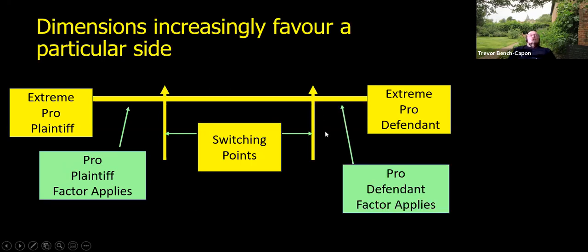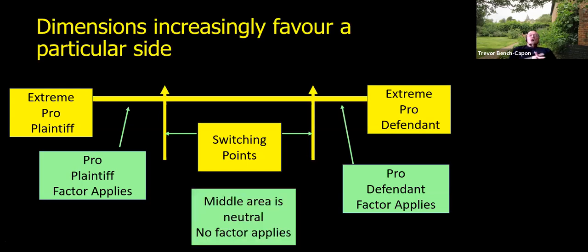Eventually we come to a second switching point, and then a pro-defendant factor starts applying. And the middle area is neutral, where no factor applies. Of course, there may be no neutral area. There may be a single switching point at which we move from pro-plaintiff to pro-defendant.